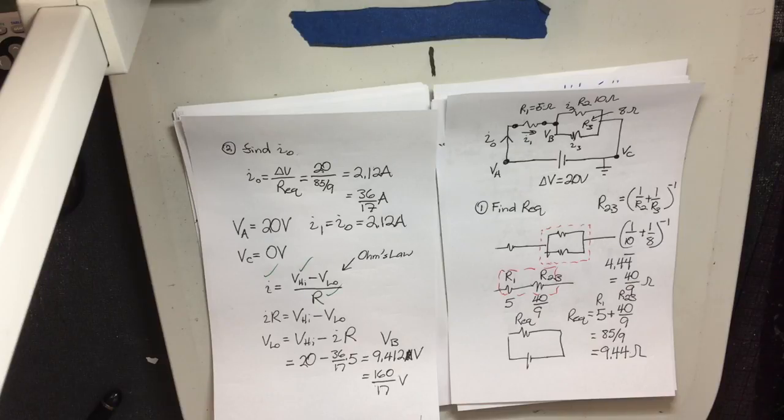Is VC even lower than VB? No, yes. I had to think about what you're actually saying. VC is attached to ground. VC is 0. VB is 160/17, or 9.412. So VB is greater than VC.